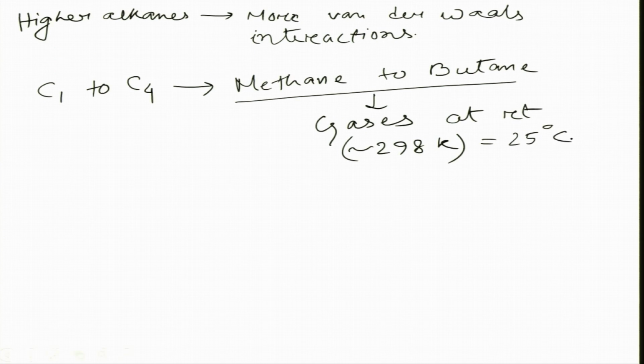So, at room temperature these four are gases. Now, from pentane, that is C5 to C17, these are liquids.